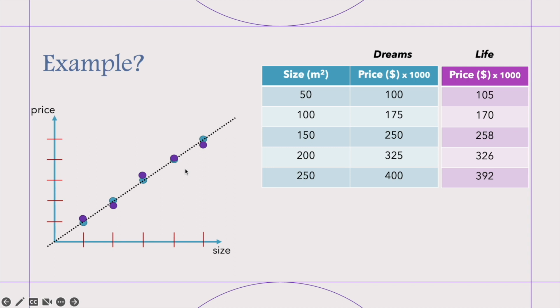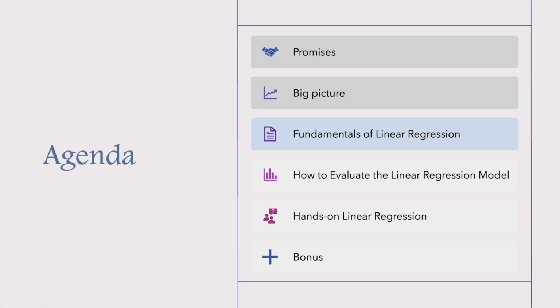Still, it's quite good, but of course, I intentionally gave these values to show this linear relation. As you see, we can still represent these purple points with this linear line, right? For any other size information, we can predict the price value. So this is the big picture. This is the introduction of the topic. Now let's look at the fundamentals of linear regression.